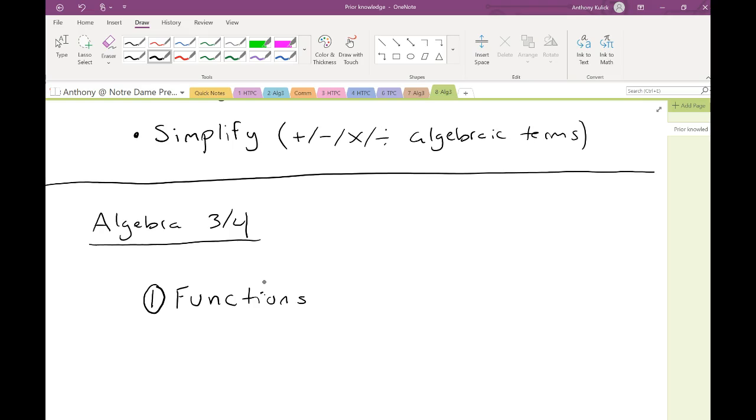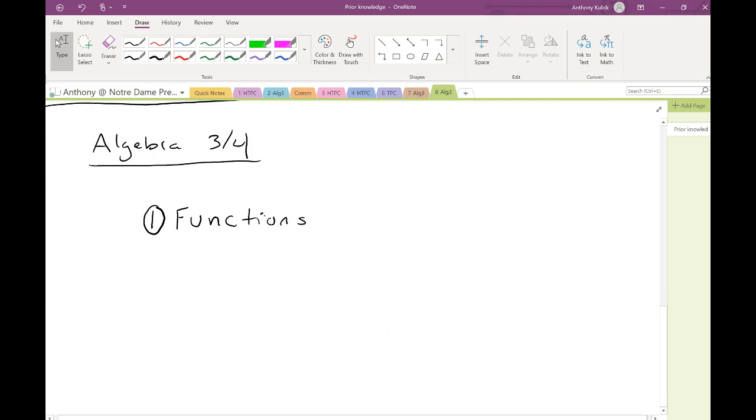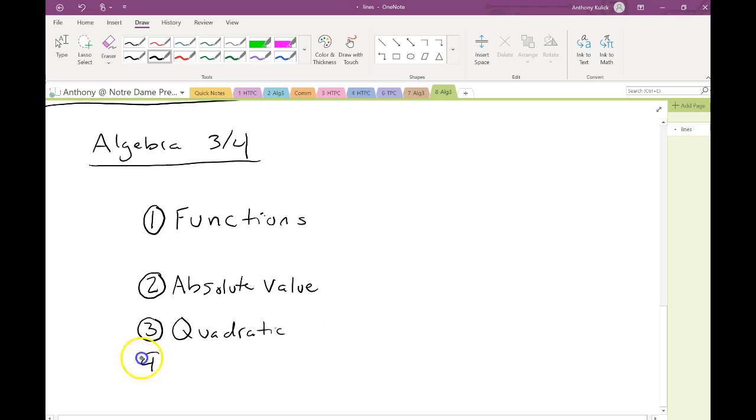From here, we're going to spend some time talking about the following different function types. So as I teased earlier, we'll talk about absolute value functions, talk about quadratic functions, we'll talk about polynomial functions, and the polynomial functions are really a broader class of the quadratics, right?